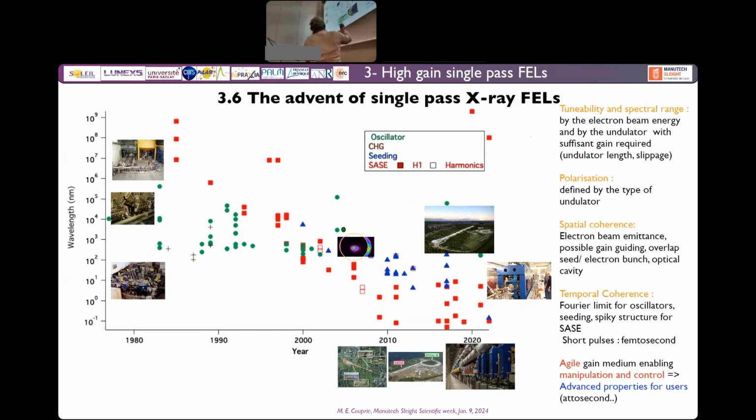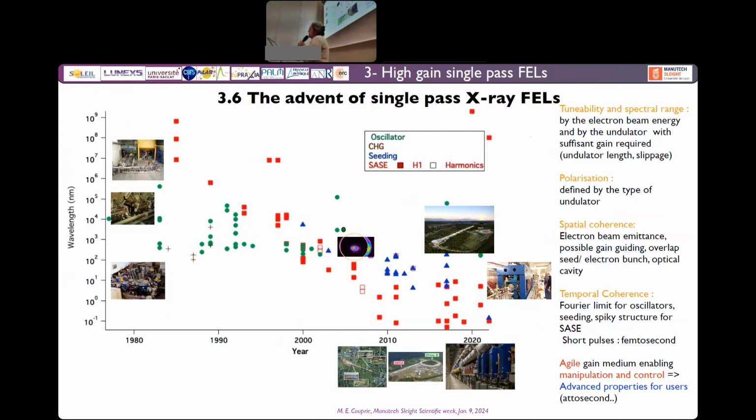So there was a major step with FLASH in 2005, starting in the VUV with users. And then 2009 LCLS, the first X-ray FEL in SASE, and then self-seeded FELs in the soft and hard X-ray.